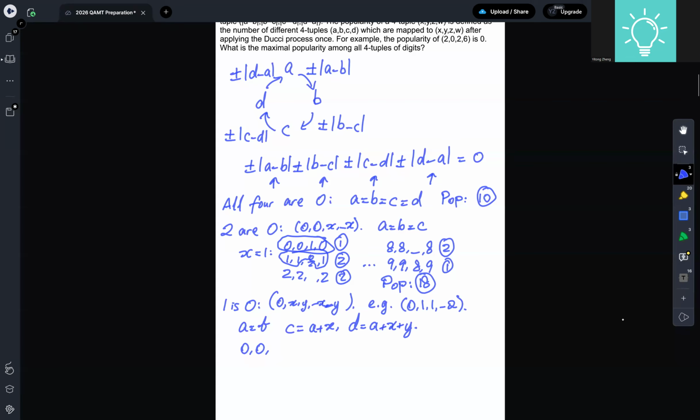So this is what A, B, C, D are. This is X, Y, Z, W. And this is A, B, C, D. Now I have to add 1 and add 1. 0, 0, 1, 2. Right? And then I can do 1, 1, 2, 3, all the way up to 7, 7, 8, 9.